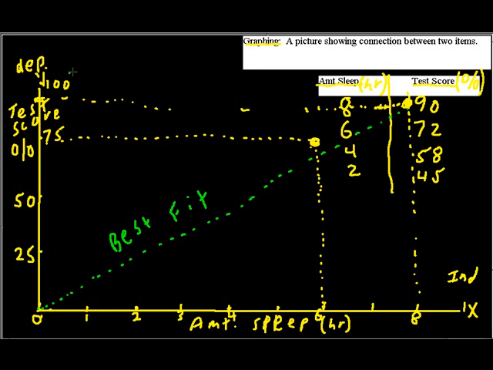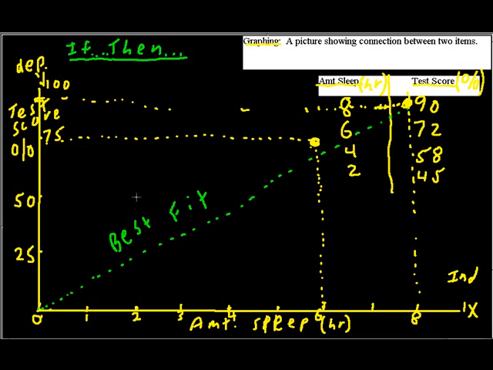Now, once we have this drawn, we are now able to do two things. We're able to, one, create an if-then statement. Now, what is the if-then statement in this case? The if-then states if the independent variable does such and such, then the dependent variable does such and such.